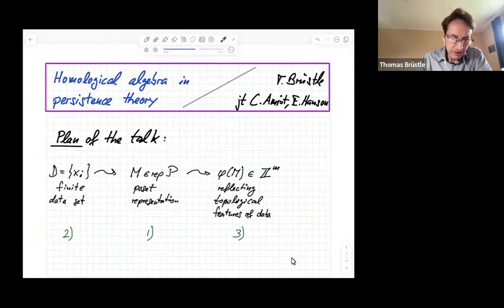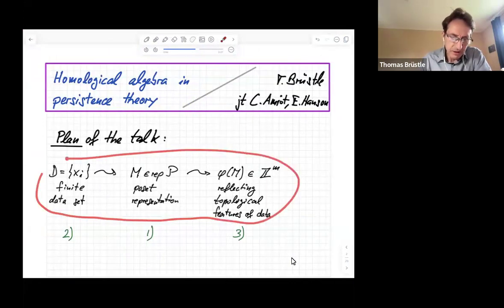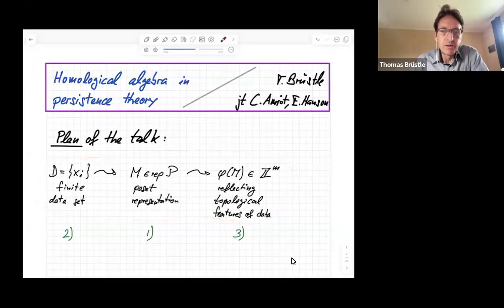What you can see here is what they call the pipeline of persistence theory. You start with some finite data set and associate to it a module, a representation of some poset, and then we like to study this module by looking at some vector that we attach to the module. I'm trying to explain that to some extent.